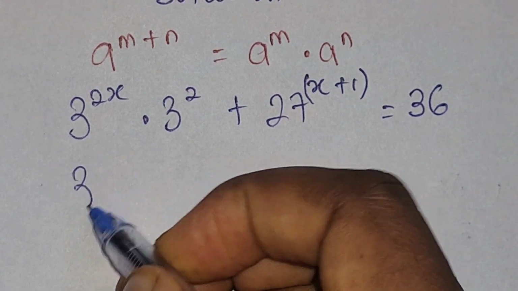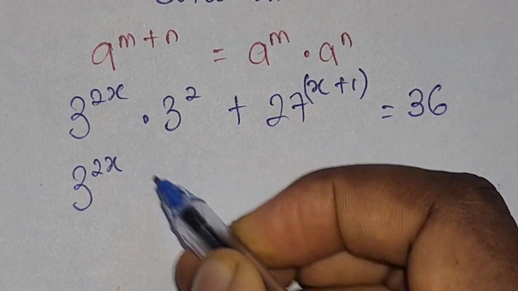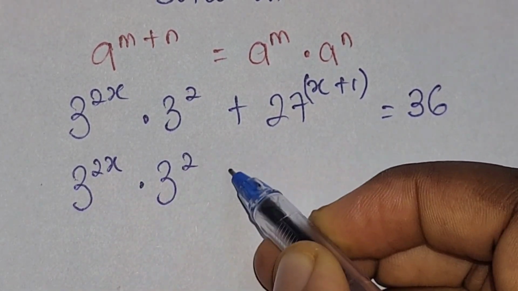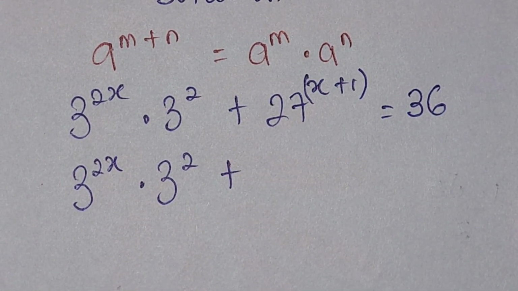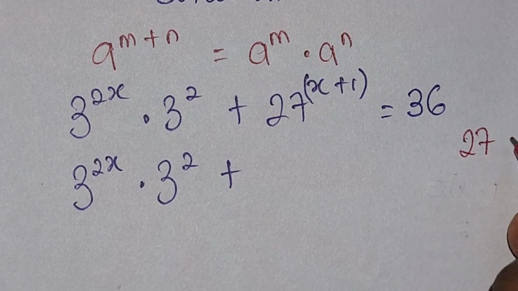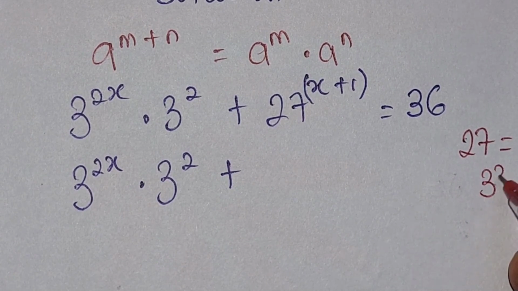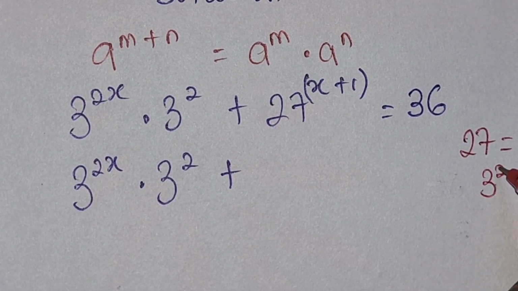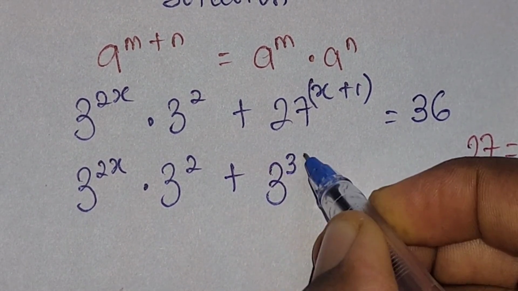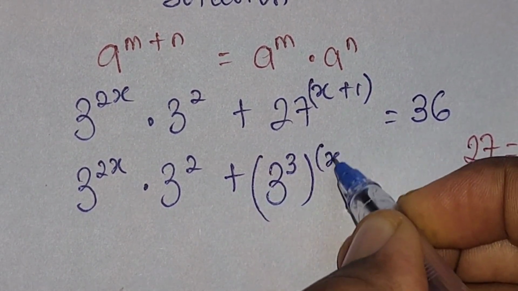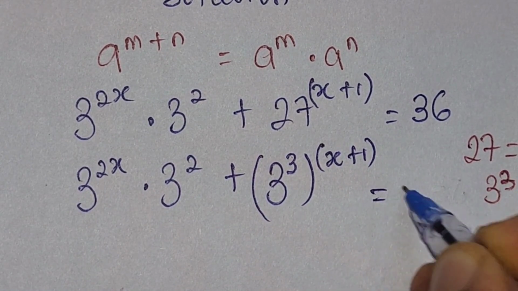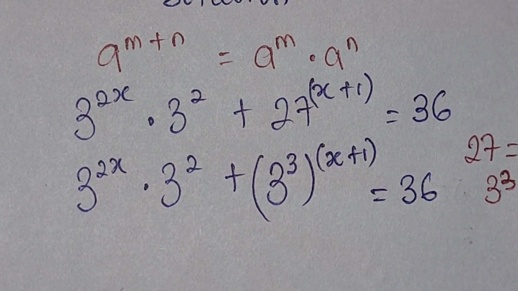So here, we have 3 to the power of 2x times 3 to the power of 2 plus our 27, which is 3 to the power of 3, further raised to the power of x plus 1 is equal to 36.